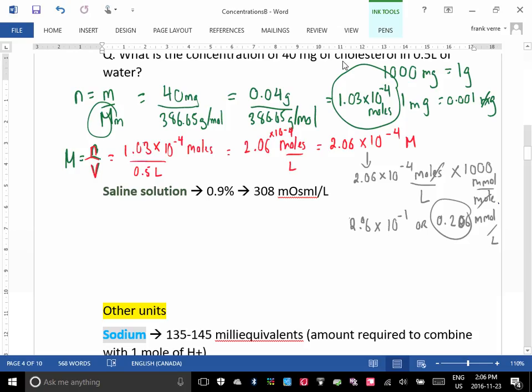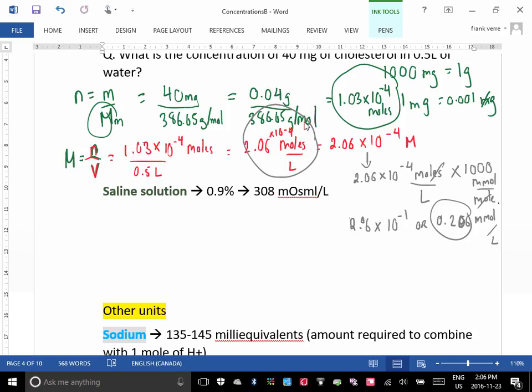Are we okay with the concentration of 2.06 times 10 negative 4 moles per liter? To millimoles, yeah. That's all. We just convert it to millimoles, right? Yeah. 0.206. Okay.